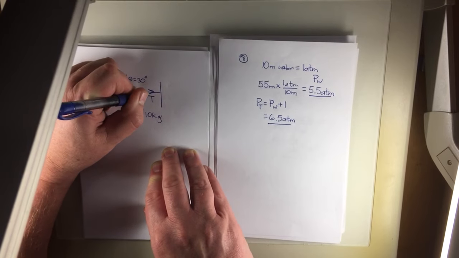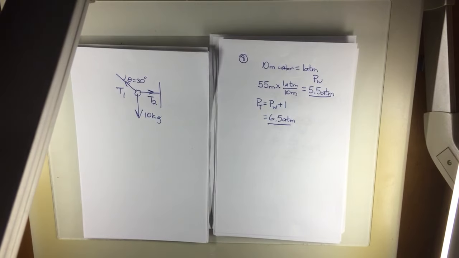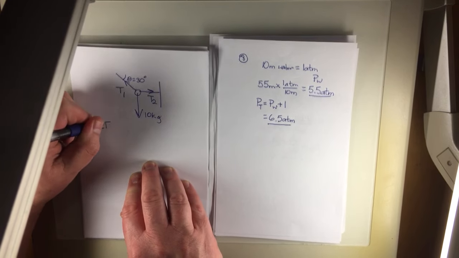What I'm looking for is T2 and T1. And this is what we talked about on Tuesday. Now, the one thing that you can ask reasonably is, is it moving? Answer, no. If it's not moving, it's in translational equilibrium.